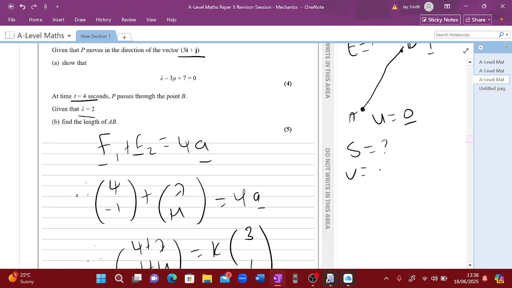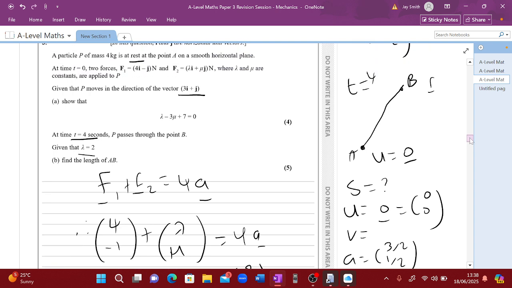U, well, it's initially at rest at A, so U is going to be a zero vector, which is just (0, 0). V, we don't care about, we don't know anything about the velocity at B. A, we know is (3/2, 1/2), and T we know is 4. So actually we've got the ingredients to work out S.